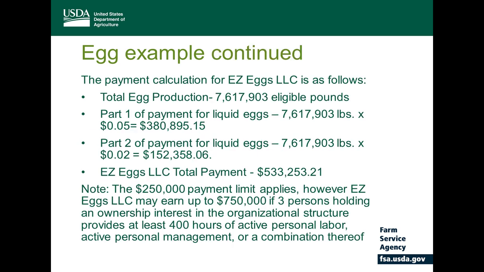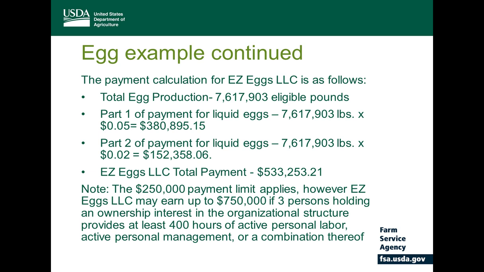They put that on Part C of the form, and then those amounts are multiplied by the CARES Act rate and the CCC Act rate to get a total payment of $533,000 and some odd dollars total.